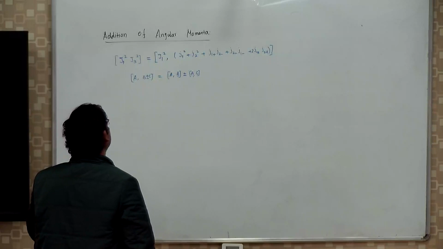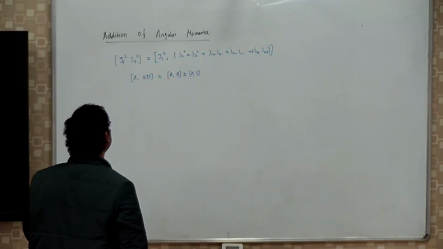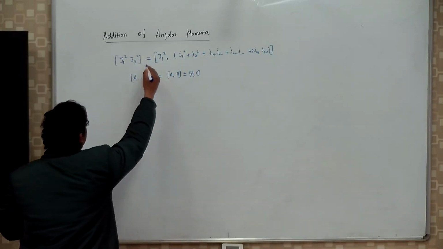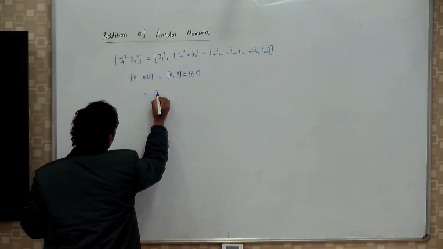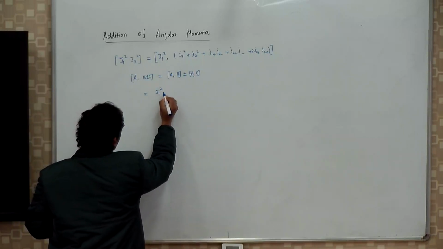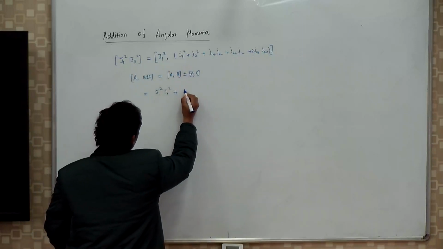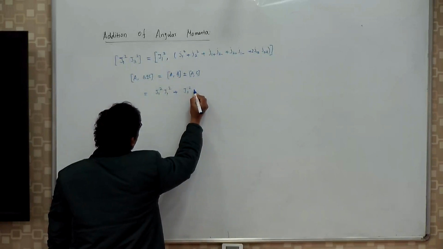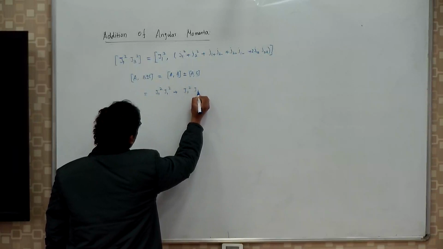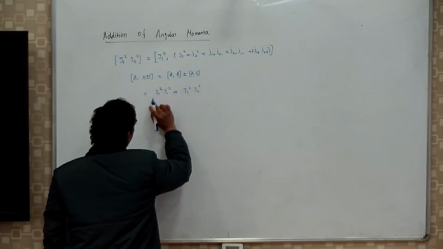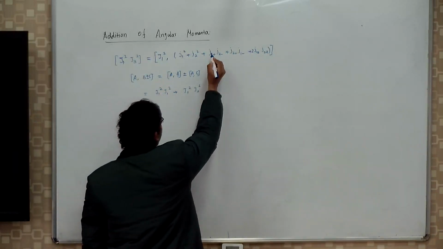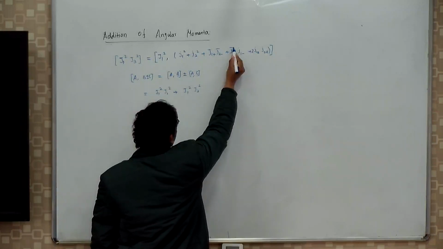Now if we take it here, J1 squared commute with J1 squared plus J1 squared commute with J2 squared.